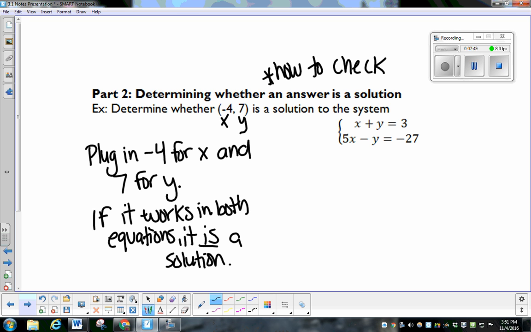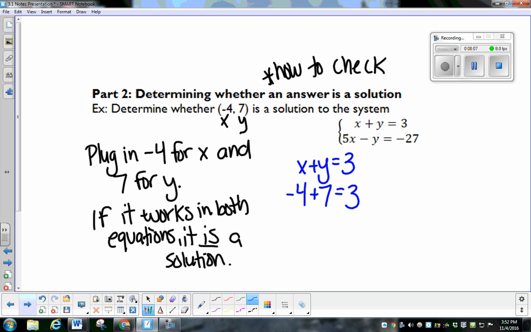So let's try it here. My first equation is x plus y equals 3. I'm going to plug in that x and that y. -4 is my x, plus 7, which is my y, equals 3.